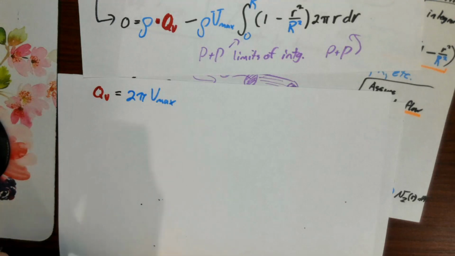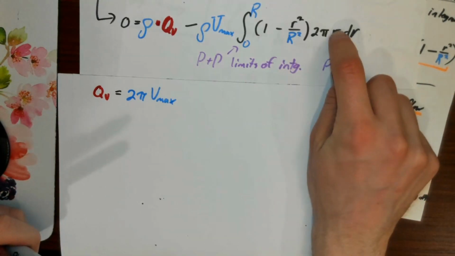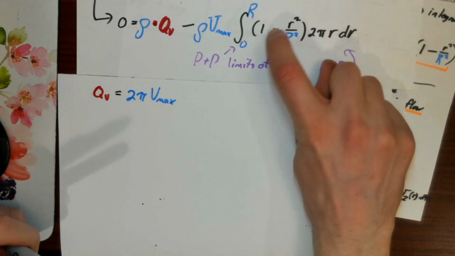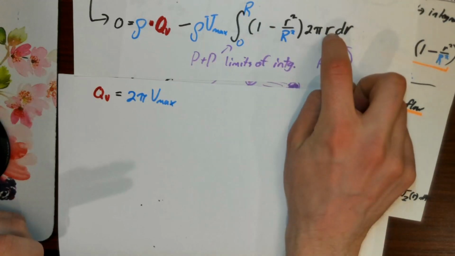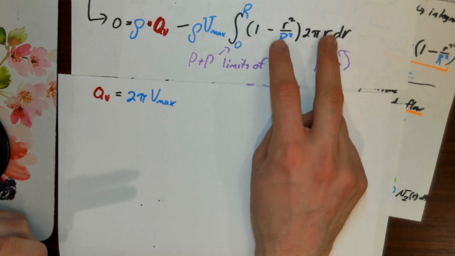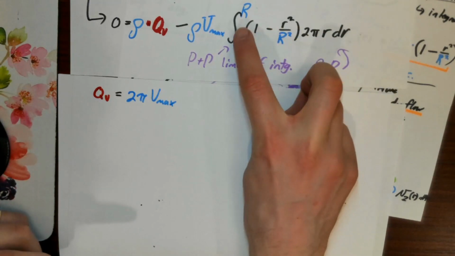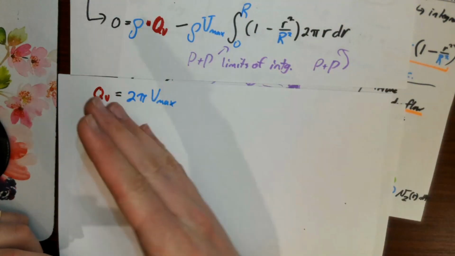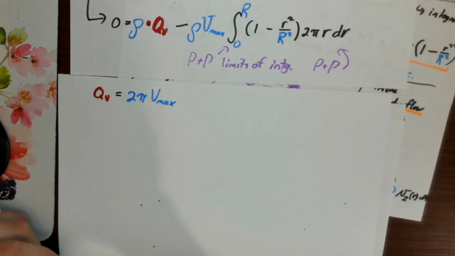If you notice, we're integrating with respect to r, but we have an r here, an r squared here, and a 1 here. When I integrate polynomials, I typically like to distribute, rather than do some sort of weird product rule integration business. I just like to distribute the r so it's one polynomial where all of the powers are pretty straightforward, right?